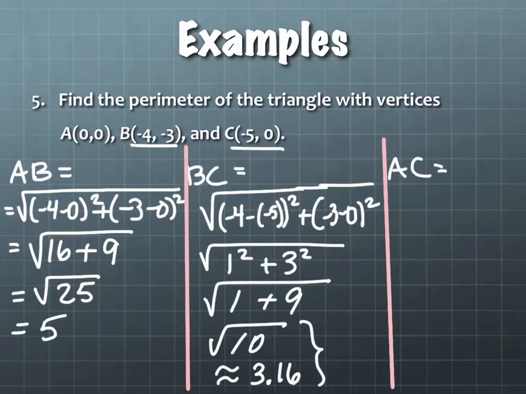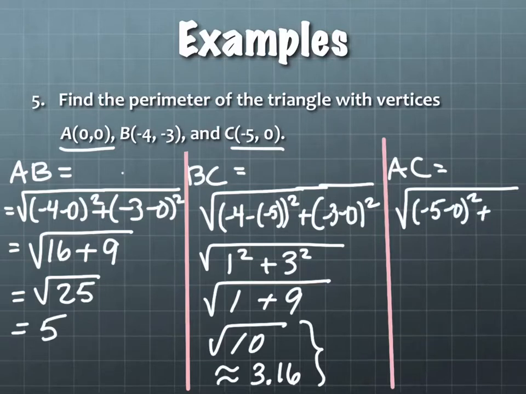Our last one is AC. So we're considering the point A with the point C. This one's the easiest one to find, because there's 3 zeros, that's helpful. It's always helpful. So one of them is actually negative 5 minus 0, and the other one is 0. I mean, there's all zeros. So what happens when I square negative 5? 25, and then the square root of 25 is 5.